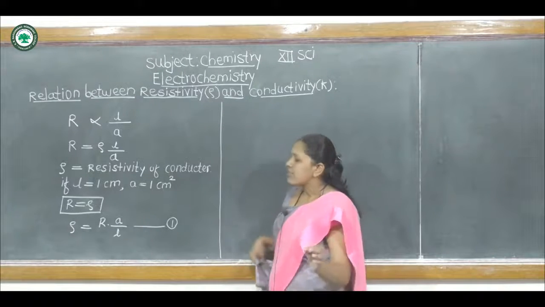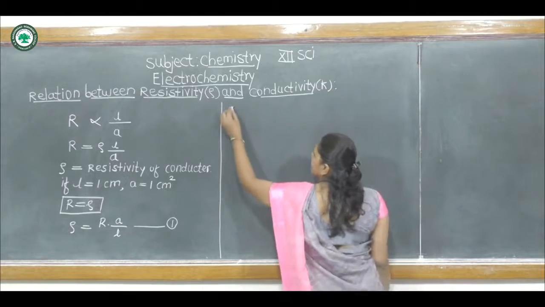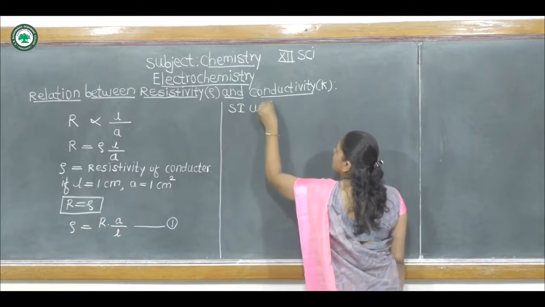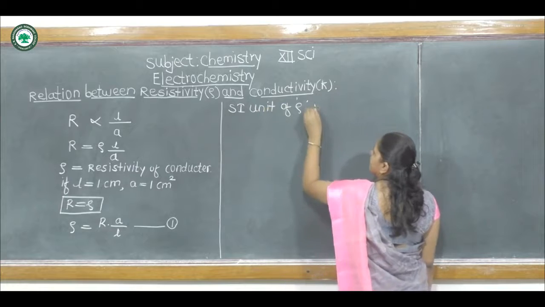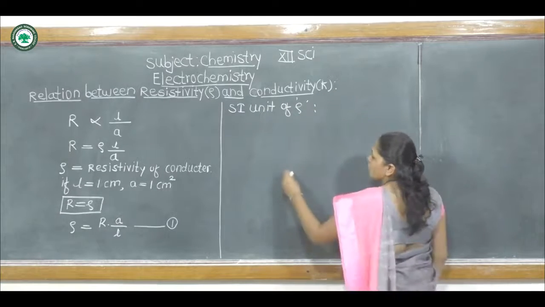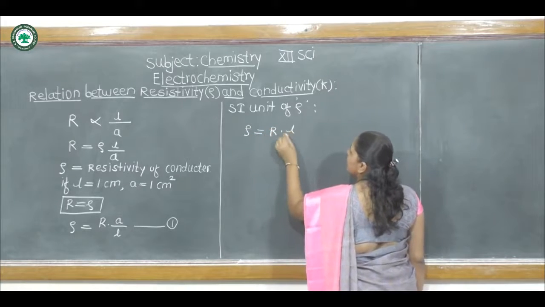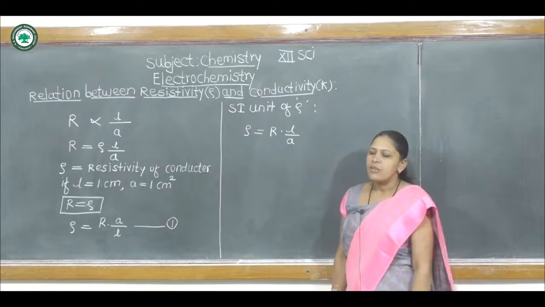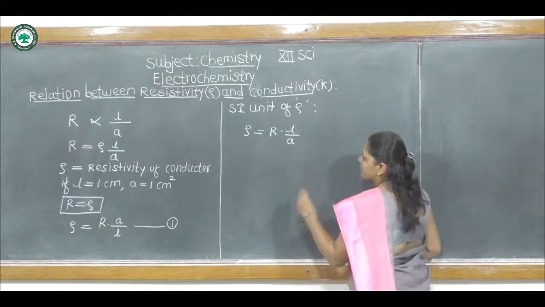Then what is the SI unit of resistivity? SI unit of rho, that means resistivity. We know that the equation for rho is equal to R into A upon L. What is the unit of resistance?